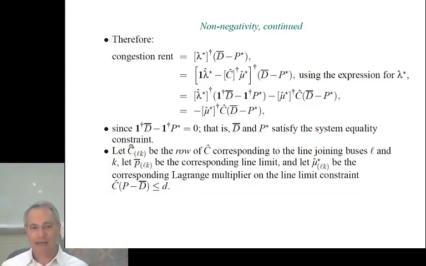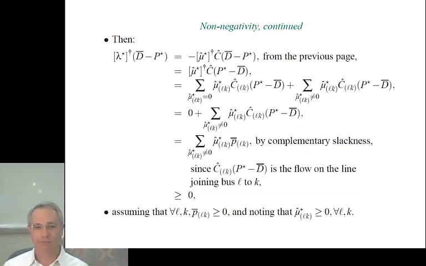Let C hat Lk be the row of C hat. Previously I've mostly referred to columns of C hat, but let C hat Lk in parentheses be the row of C hat corresponding to the line joining L and K. And let P overline Lk be the corresponding line limit, and mu hat star Lk be the corresponding Lagrange multiplier on the corresponding line limit constraint, one of these constraints. Then my expression for congestion rent, on the previous page we showed it's equal to this in terms of the mu's.